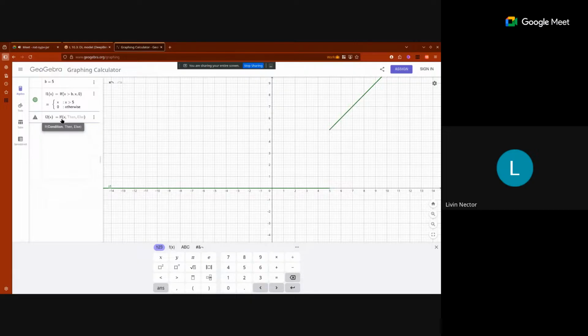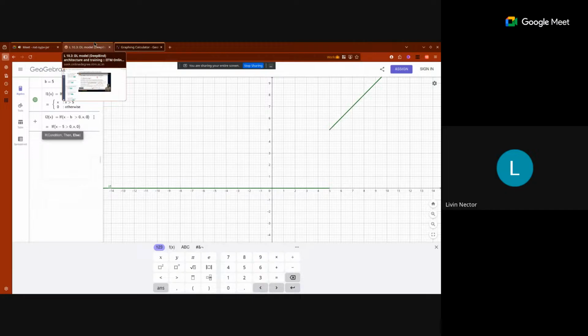So it is like ReLU of x, A minus B will be like x minus B if x minus B greater than 0, then x, else 0.